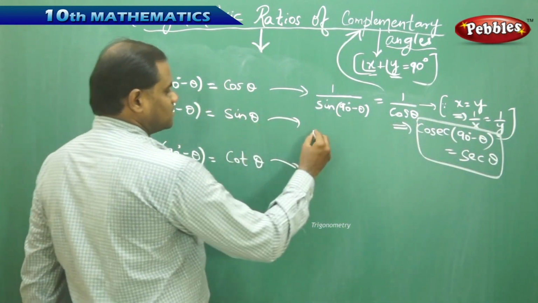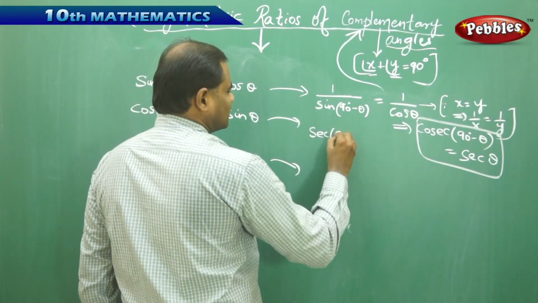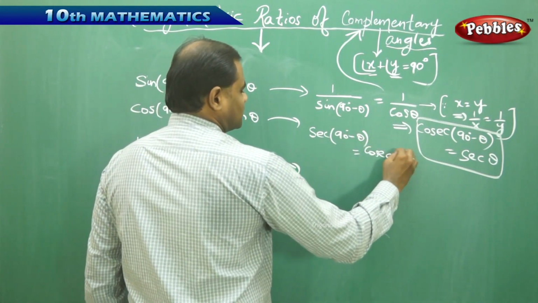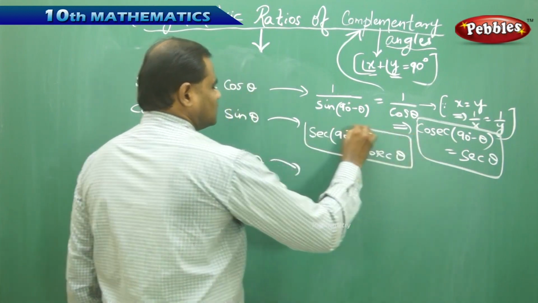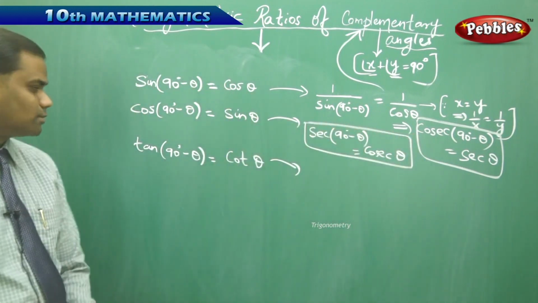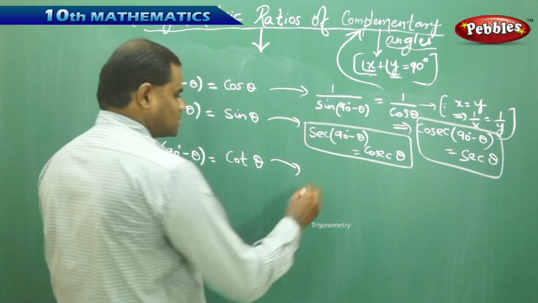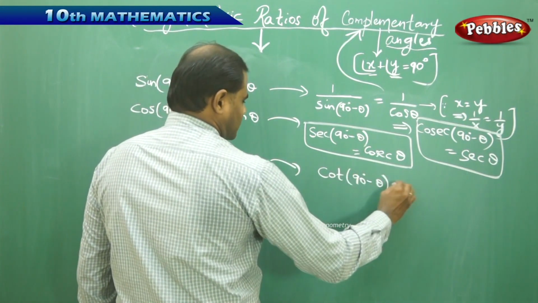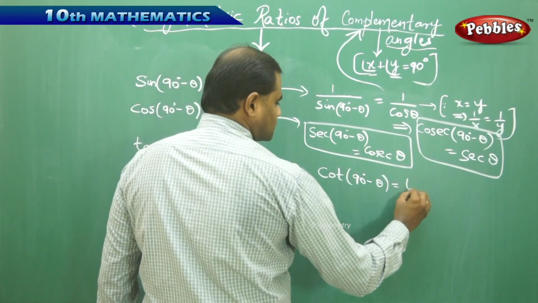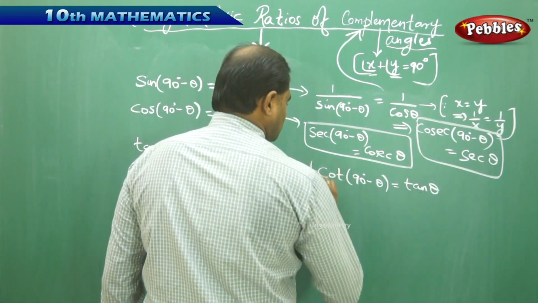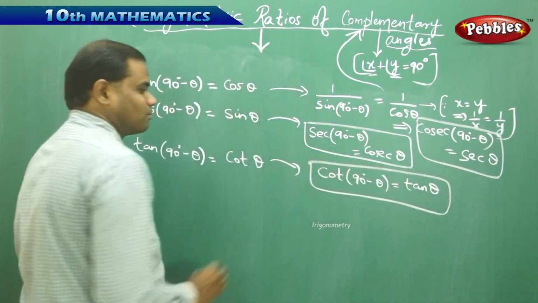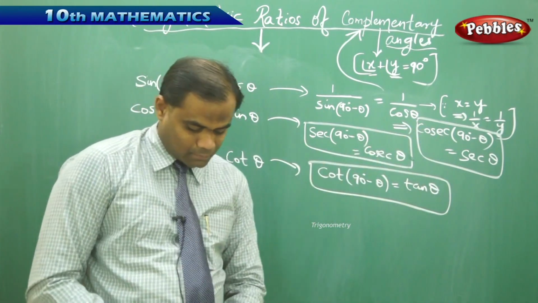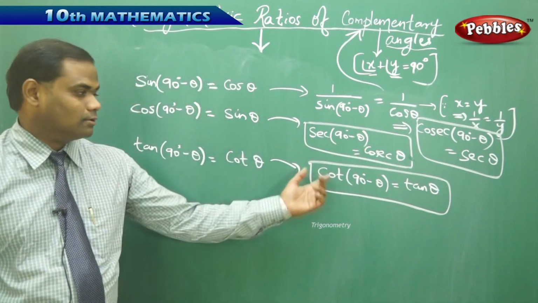Similarly, this gives me secant 90 minus theta equals cosecant theta, which is derived for the second reverse trigonometric ratio. And finally, tan reversed gives me cot on the right, cot reversed gives me tan. That is what I get as the other three trigonometric ratios, cosecant, secant and cot, on the whole.